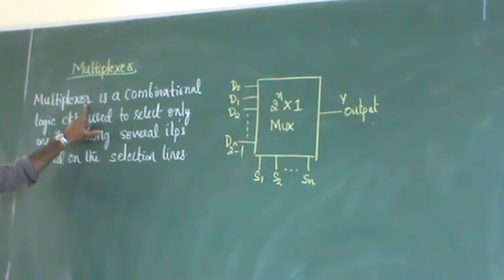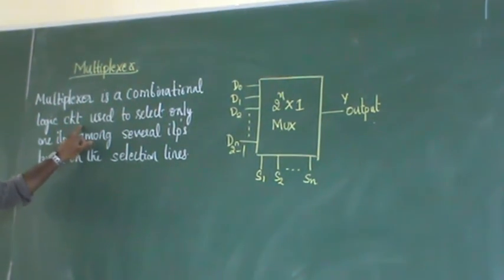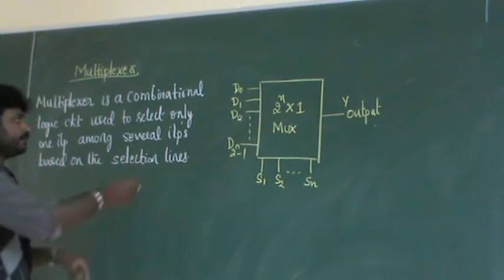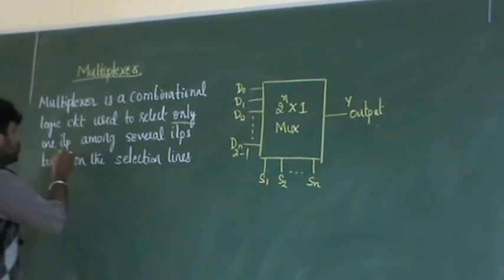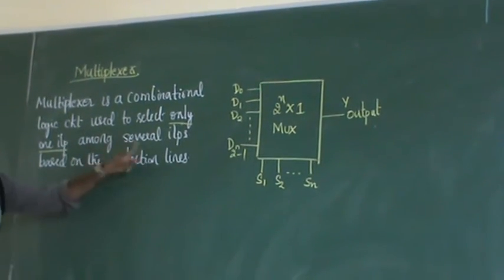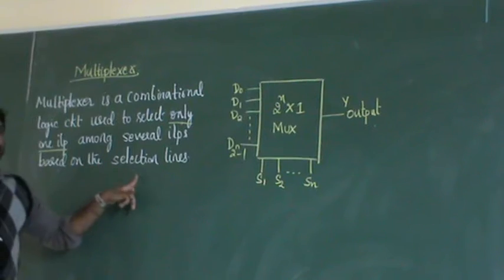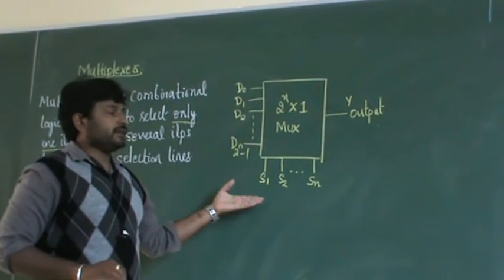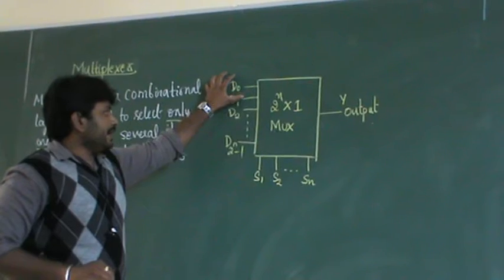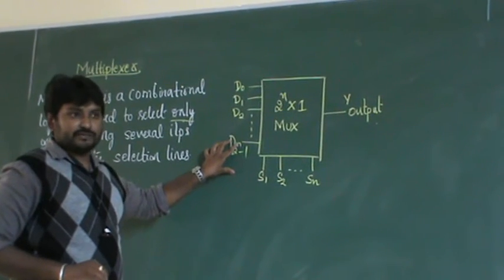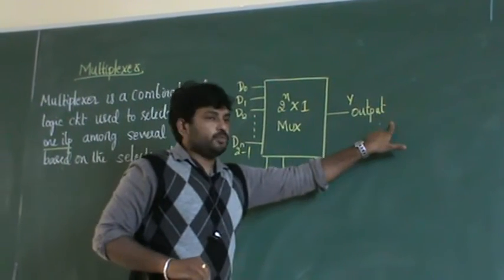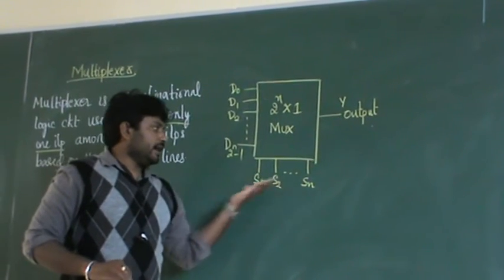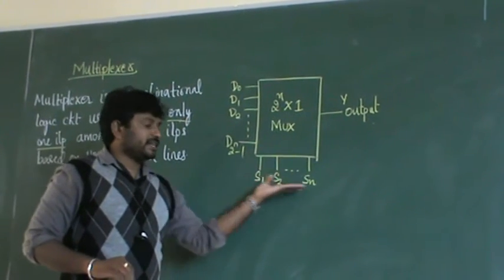A multiplexer is a combinational logic circuit used to select only one input among the several inputs based on the selection lines. If you look at the diagram of the multiplexer, there are n number of inputs towards the left side and only a single output towards the right side, and at the bottom there are selection lines.